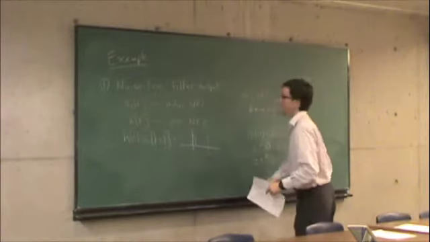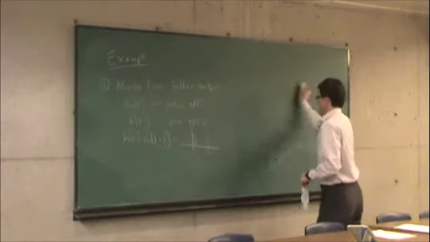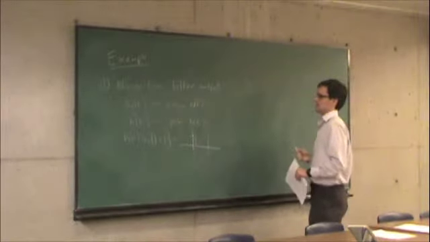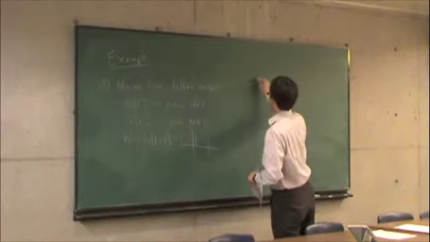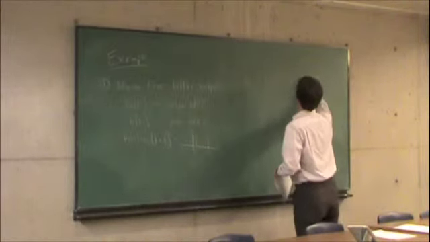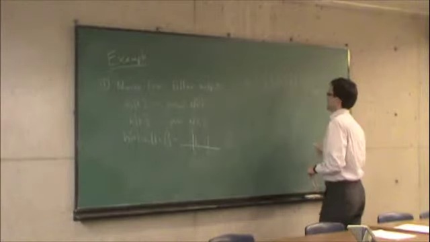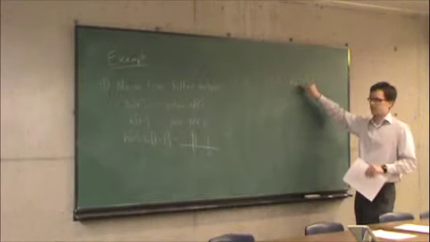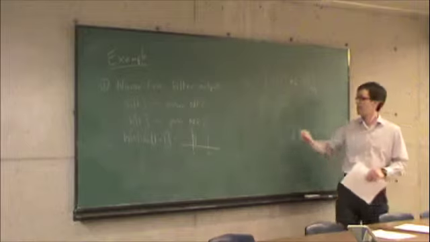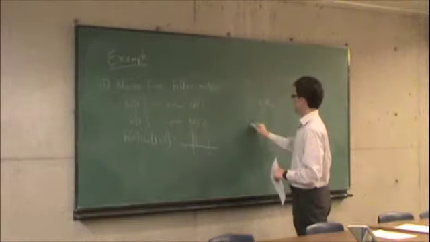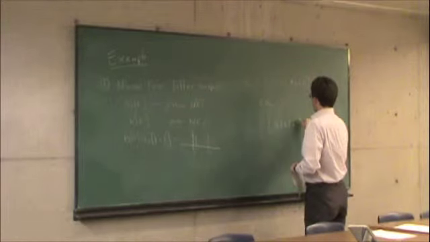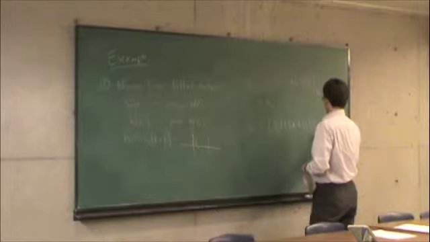Because I'm using the same filter as in polar NRZ, the noise-free filter output for a 0, if a 0 was sent, is S0 of K convolved with H of K, evaluated at time NB. And because both of these are the same as in polar NRZ, the result has to be the same as in polar NRZ. Does anybody remember what that is? NB. Okay, S1 is S1 of K convolved with H of K, evaluated at NB.